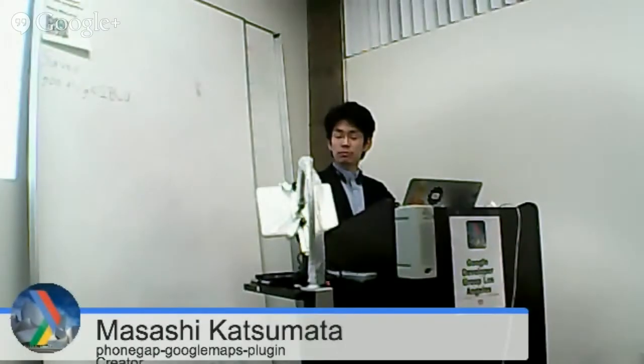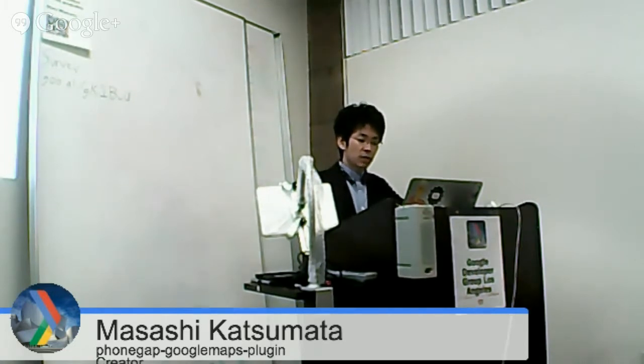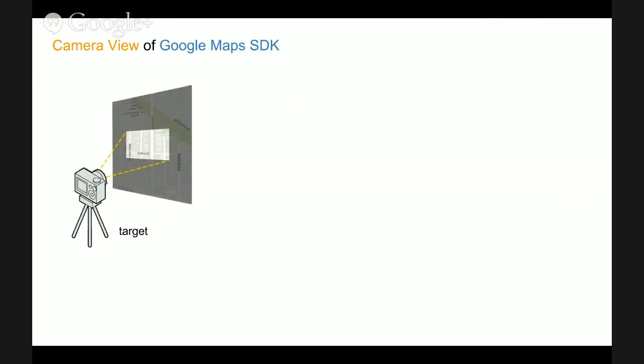To change the center position of the map, you need to know the camera view. Google Maps SDK has a camera, and the application displays the map through the camera. The camera has 4 parameters: target, zoom, tilt, and bearing. The target parameter indicates the location of the center of the map.